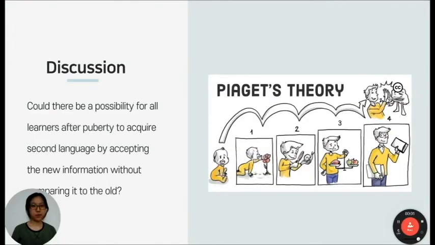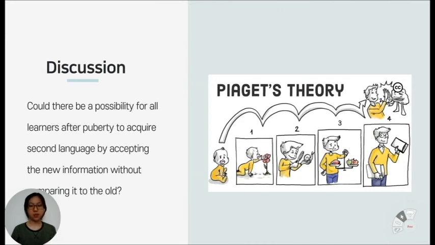So now, my question for all of you is, could there be a possibility for all learners after puberty to acquire a second language by accepting the new information without comparing to the old, and eventually acquiring language easier than when a person is trying to adjust it to the old schema?